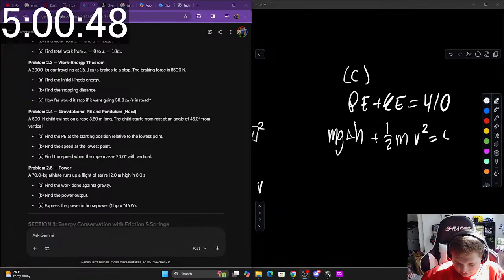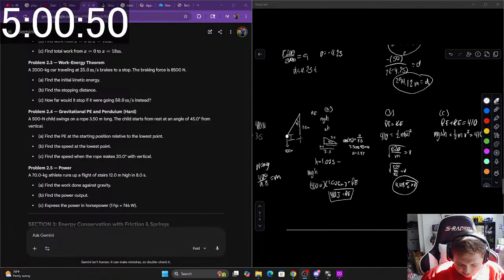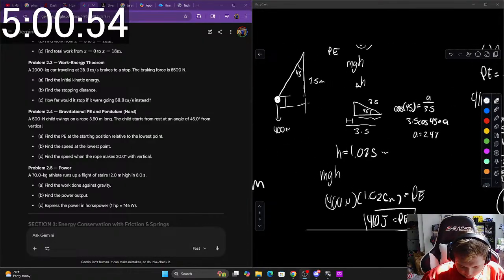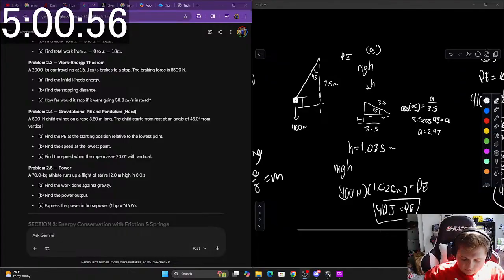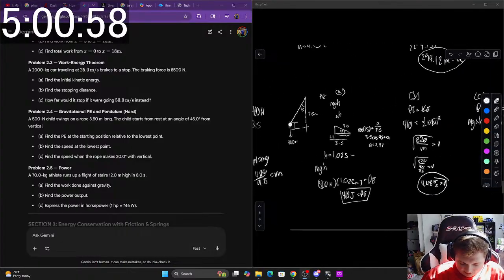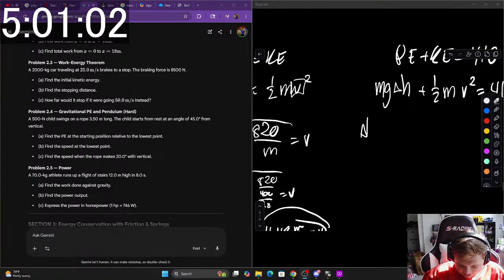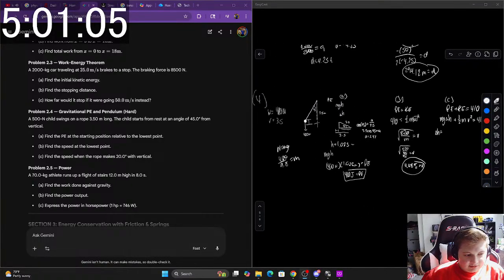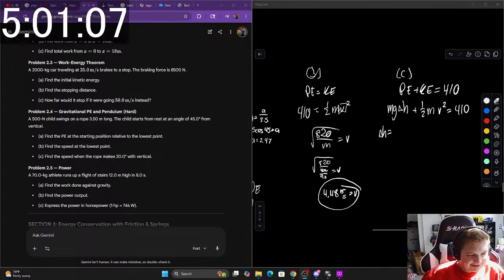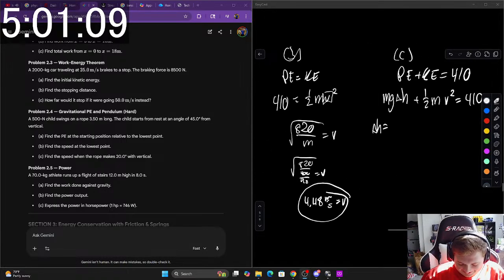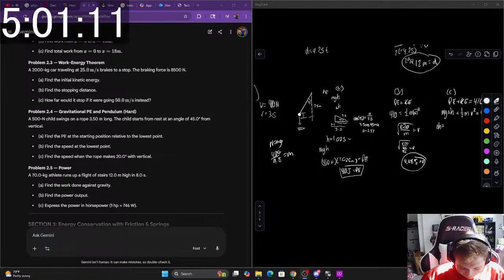Find the speed, so yeah. So change in h. So we know mg, so we need to find the change in h. So change in h is going to be calculus all over again. We talk calculus is easy, bro.